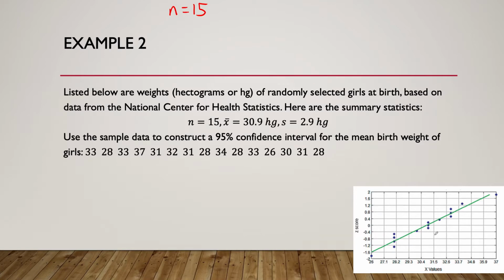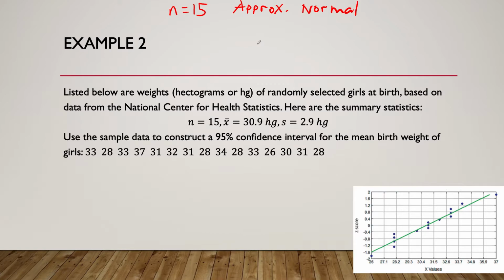There's no underlying pattern, and the points are pretty close to this line. I mean, again, there's some variability, of course, but it's pretty normal. So yes, this is going to be approximately normal, and as such, we could use this confidence interval.